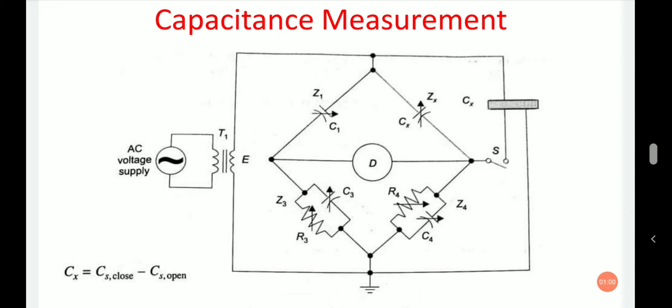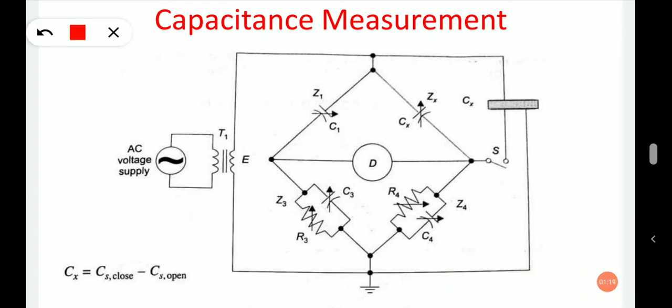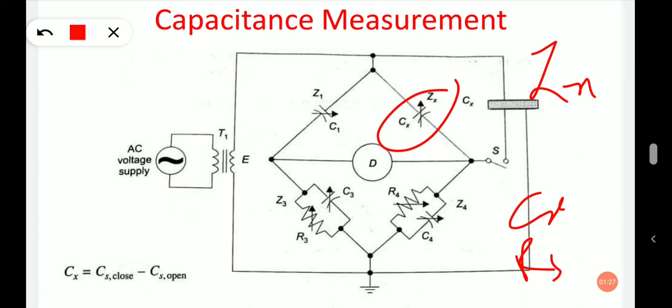The Schering bridge can be used to determine the properties of the dielectric material of a capacitor. A guide ring is incorporated in the capacitor to avoid surface leakage. The combination of Cx and Rs in the Zx arm is replaced by a standard variable capacitance Cs.